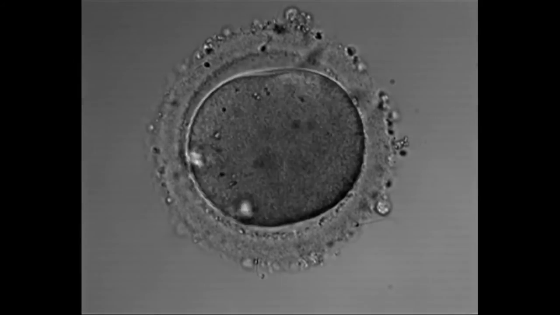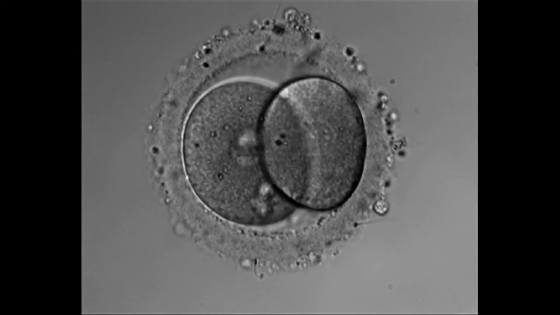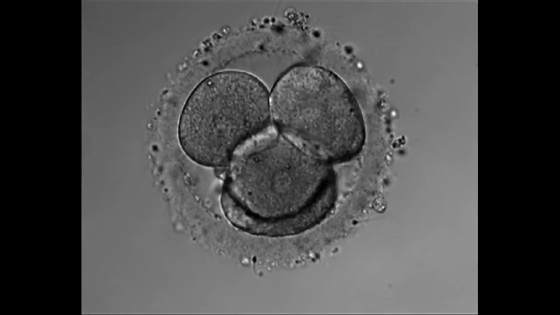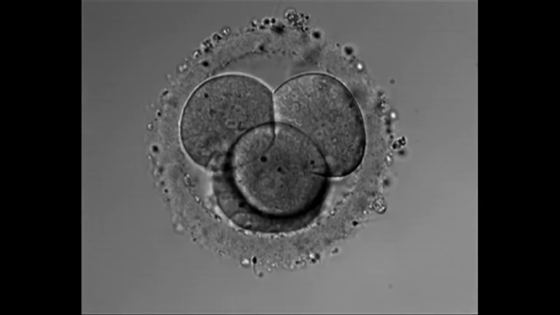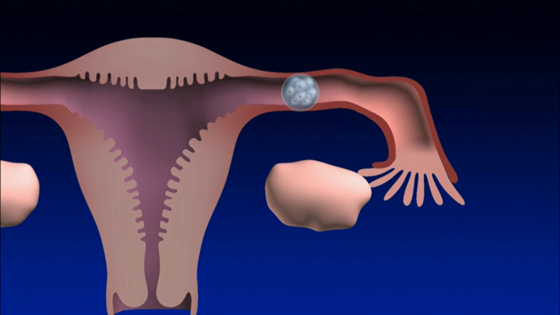This is fertilization. A new life starts to grow inside the mother's womb. The fertilized egg slowly moves towards the womb and stays there to grow until it is ready for birth.